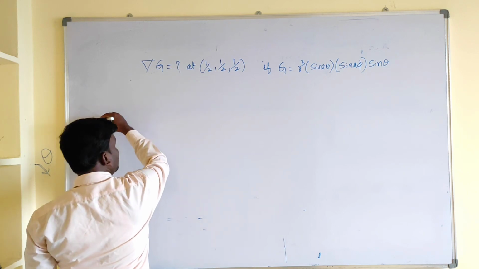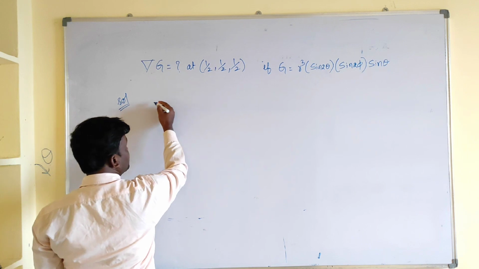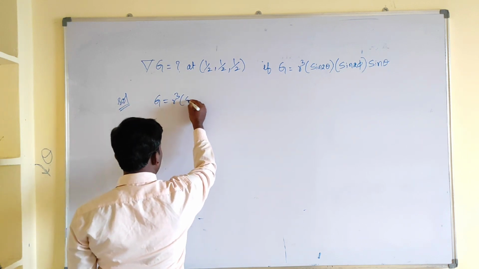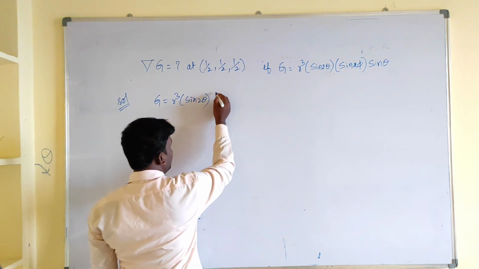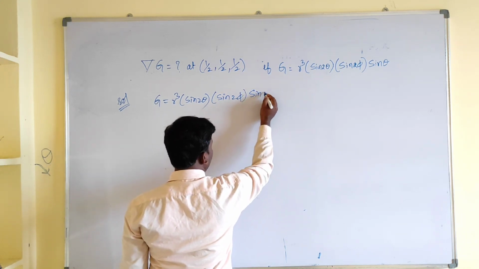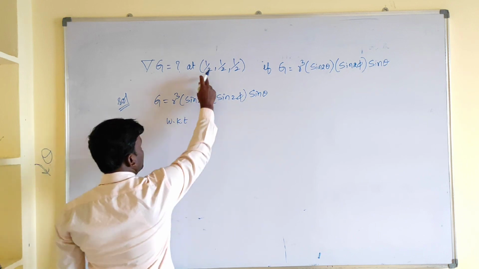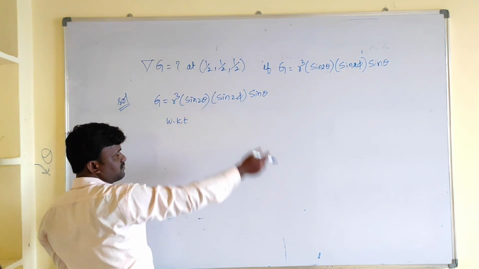First write the given term. Solution. Given term is G equal to R cube sin 2 theta sin 2 pi into sin theta. But these points are given in x, y, z, so if possible, convert this G in terms of x, y, z.